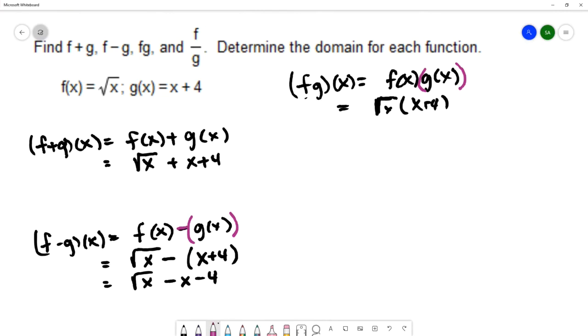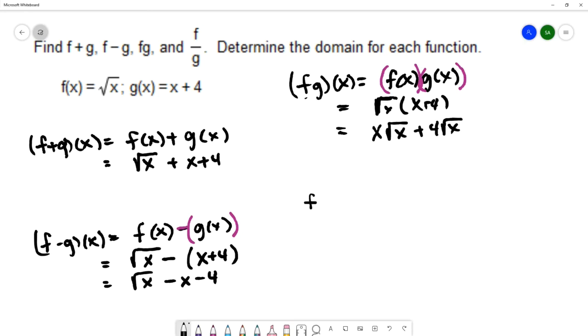If f of x had more than one term, we would also put parentheses around f of x. So we have square root of x times x plus 4. We could use the distributive property and write this as x square root of x plus 4 square root of x. And we have our f times g.